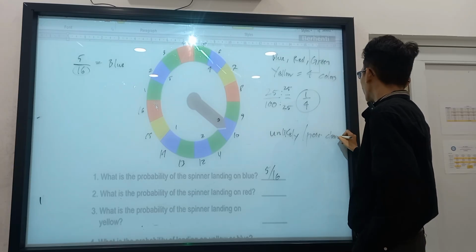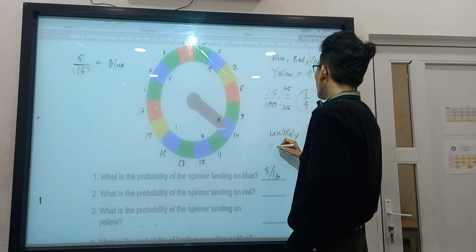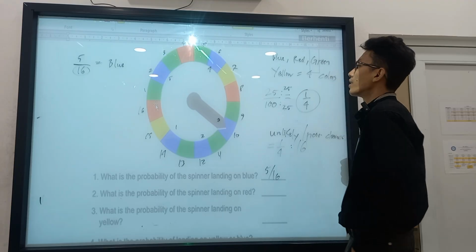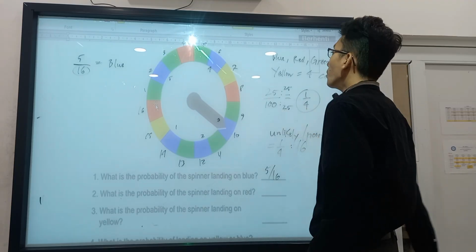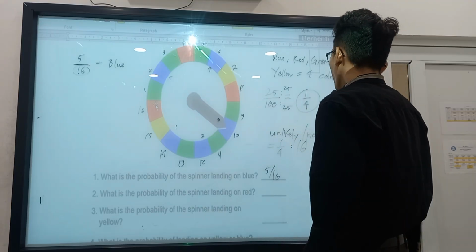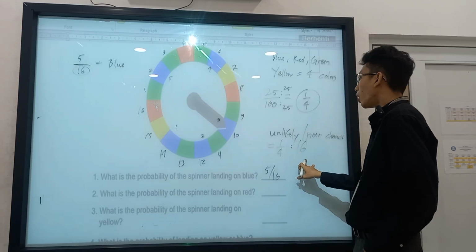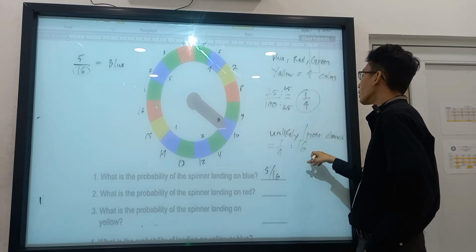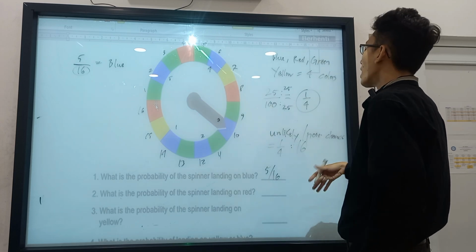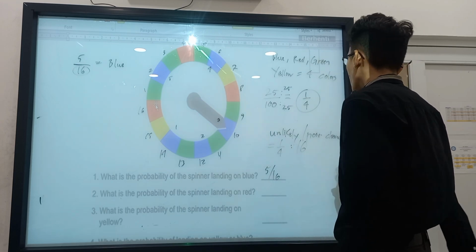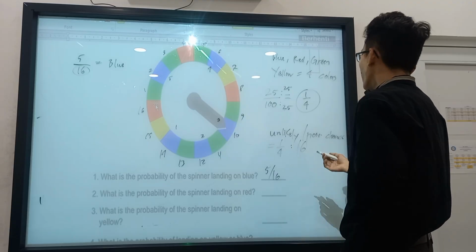Full chains means 1 or 4 out of the 16, the probability of all of the colors combined. If it's more than 4 of 16, it's like a good chance, or no, not really, it's still unlikely.